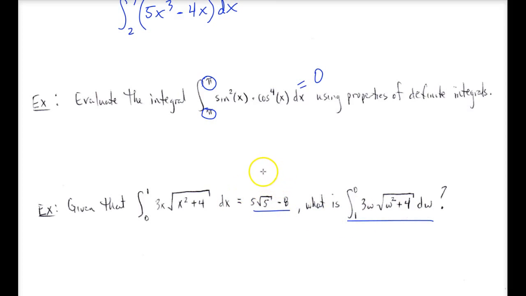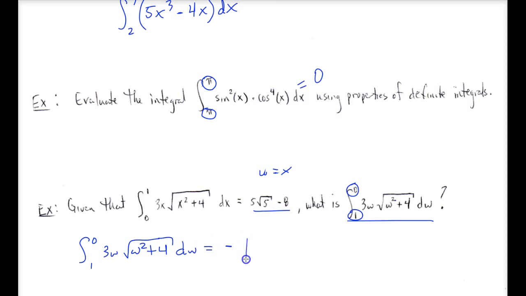And assuming that we let w equal x here, then of course this looks exactly the same except for the limits of integration. And so we know that if we were going to evaluate this, we would have to switch this around, but it would have to be negative. So if we did this, this is what it would have to look like.